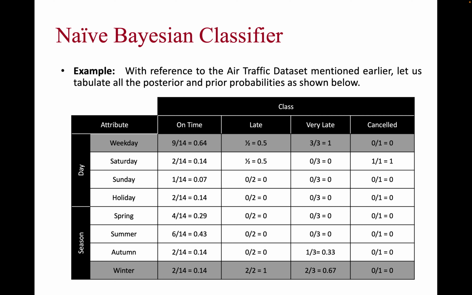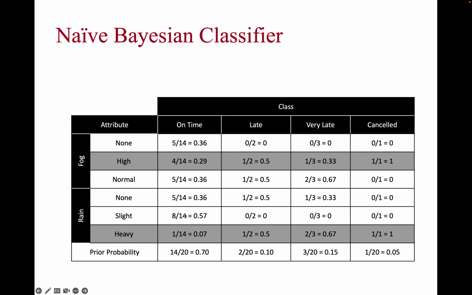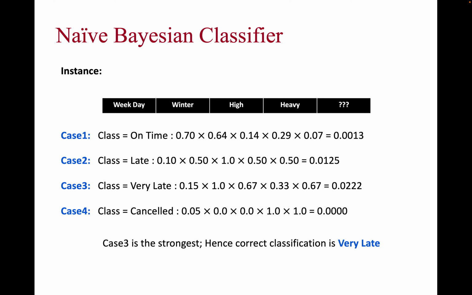Late is this, very late is this, cancelled is this. Spring, summer, winter. Naive Bayesian classifier: class on time, class late, class very late, class cancelled. The correct classification is very late.